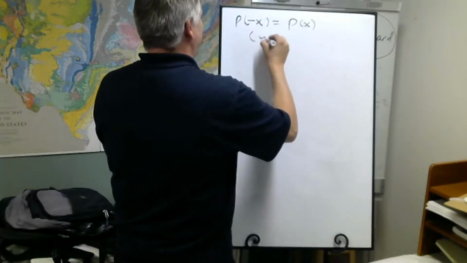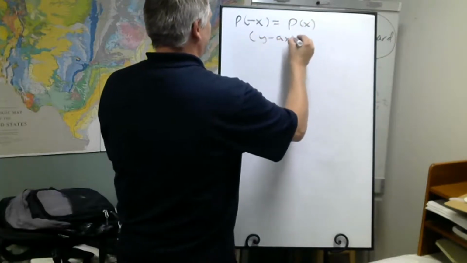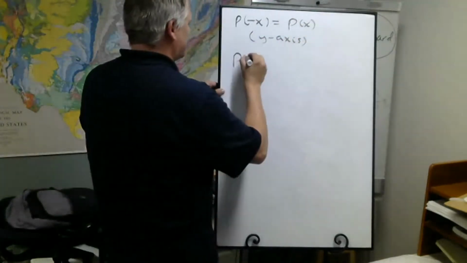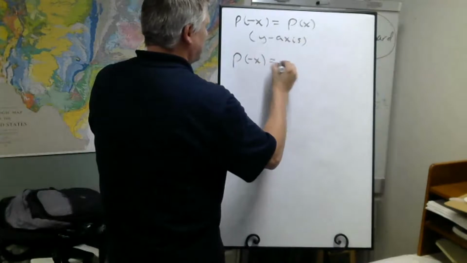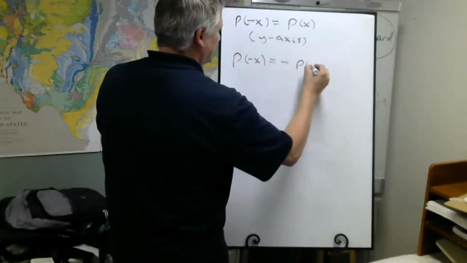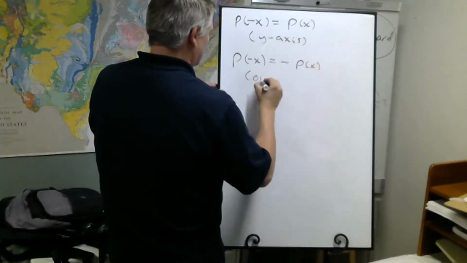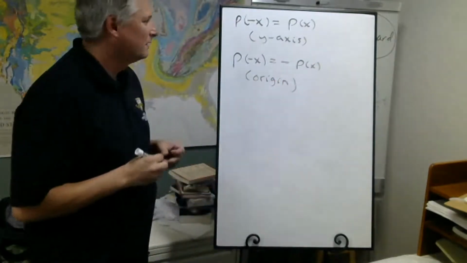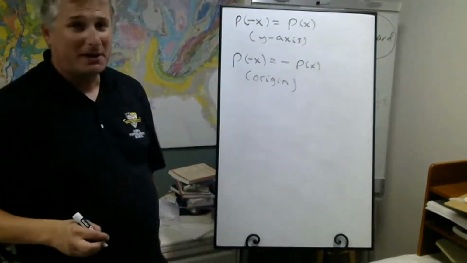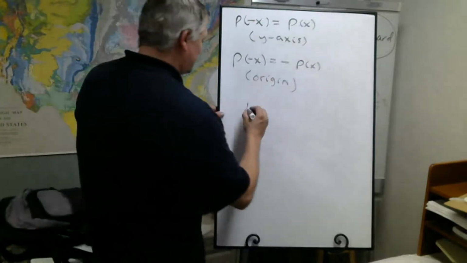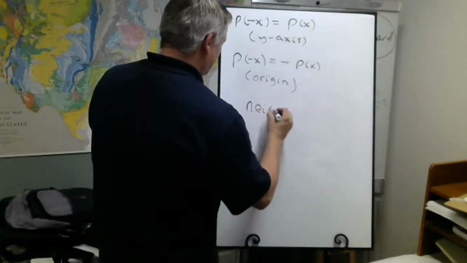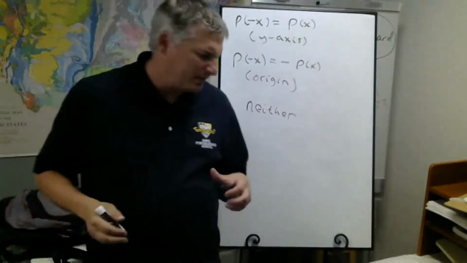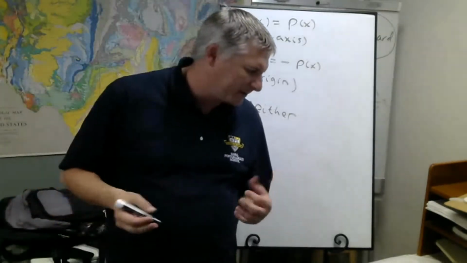So this is the y-axis symmetry. And if it's origin, you'll be able to factor out that minus and you'll get minus p of x. But very often what you're going to get is neither.